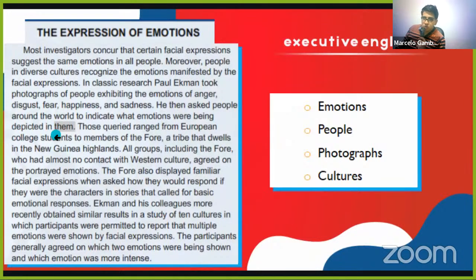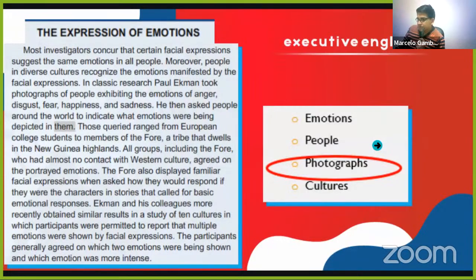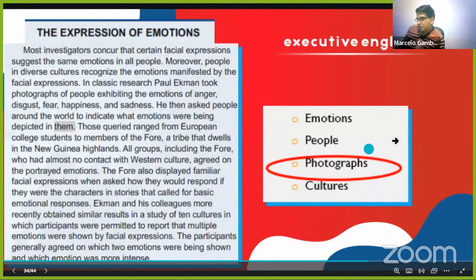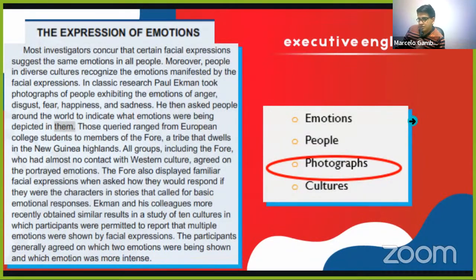Depicted basically is shown, described, in them. So as Alejandro said, they're talking about photographs of people, not people, but anyway, photographs. So it's C, photographs. That's the answer here, C.